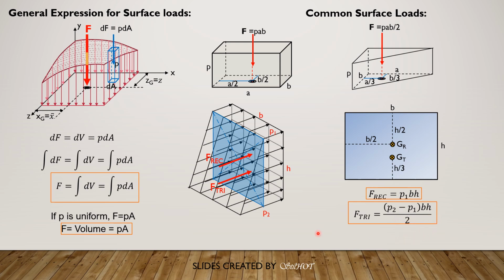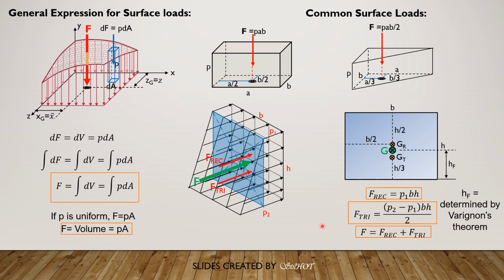Then for the general force, the total force, it is F rectangle plus F triangle. It acts somewhere between GR and GT. So each location is B over 2 from the left, but let's call it HF from the bottom.